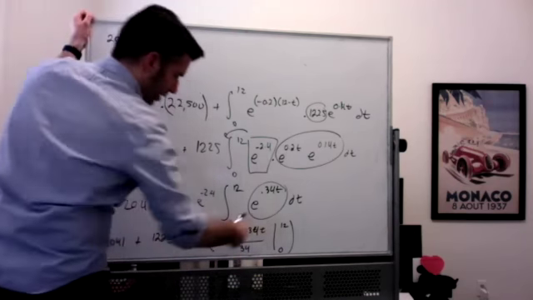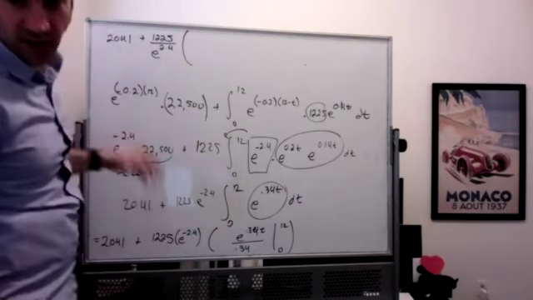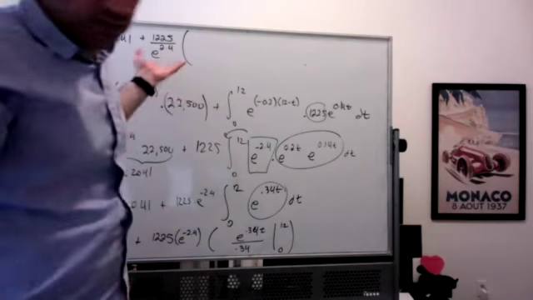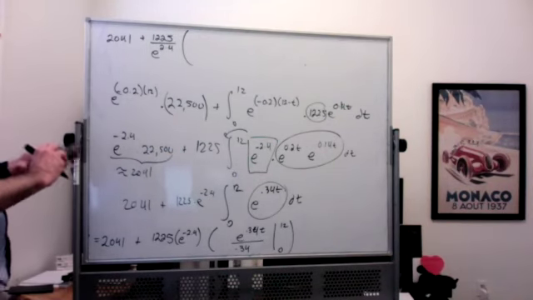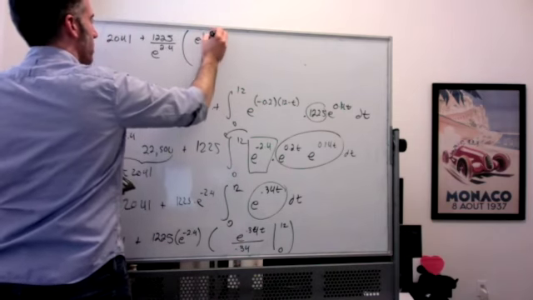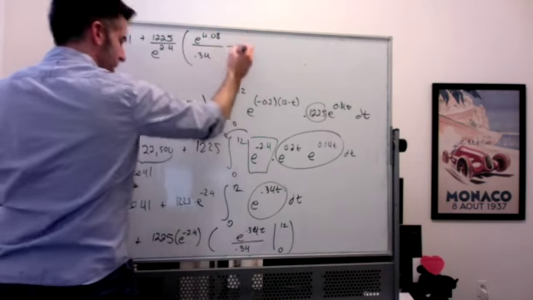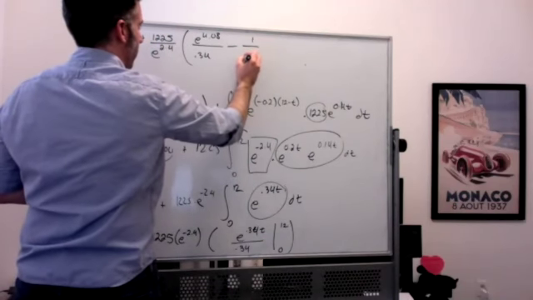And then here, if I plug in 12, 0.34 times 12 is 4.08. So we're going to get e to the 4.08 divided by 0.34 minus e to the 0, so 1 divided by 0.34.